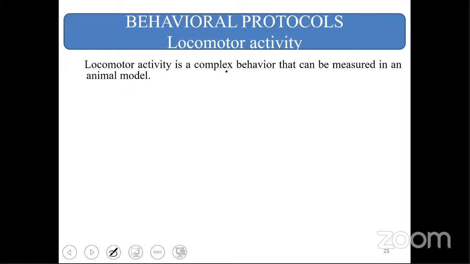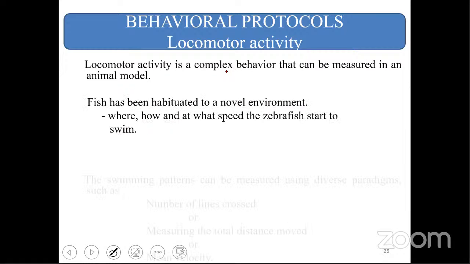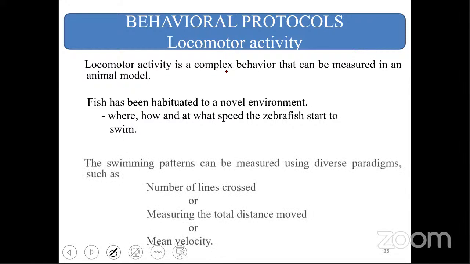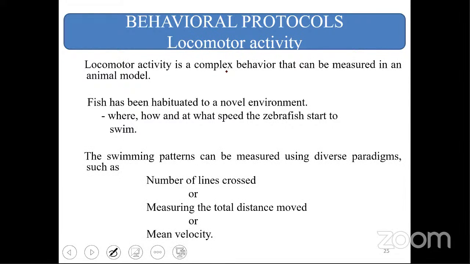It is the same in this case. We take a tank and draw lines on it, and we fix a camera so we can monitor very clearly how many lines the animal crosses before and after adding the drug. The tank is transparent, am I right?